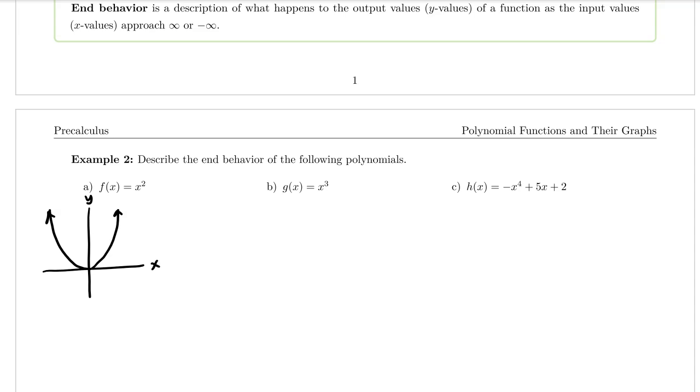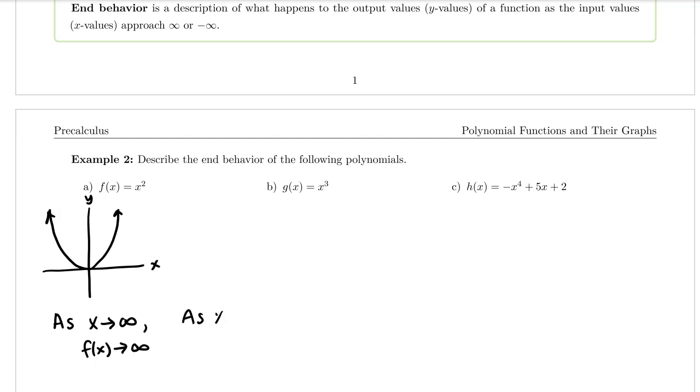Now, the end behavior for this, as x approaches infinity, f of x approaches infinity as well, because in this function, if I plug in really large positive numbers, my output values are also going to be very large positive numbers.